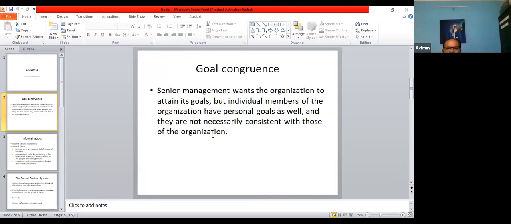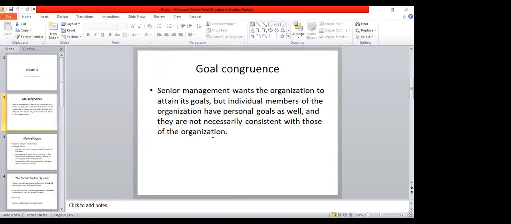Personal goals and organizational goals do not match each other, and naturally they do not match. But here we have to develop the link between personal goals and organizational goals, and developing that link is nothing but goal congruence. Have you understood the meaning of goal congruence? Yes, sir.